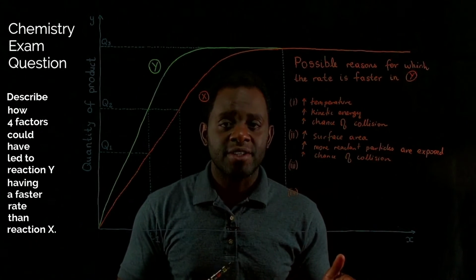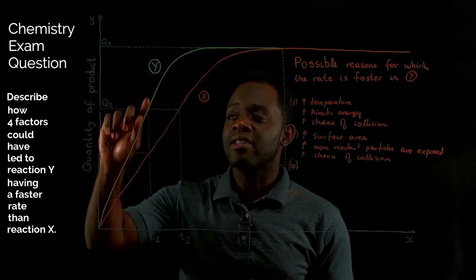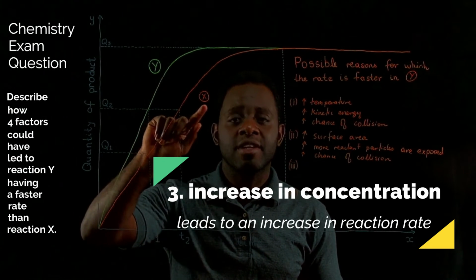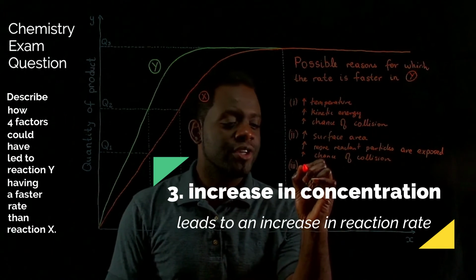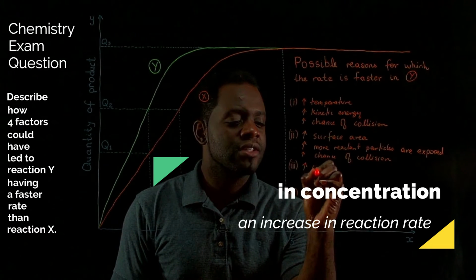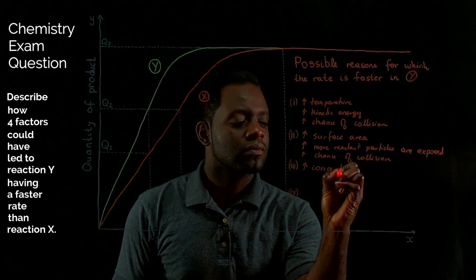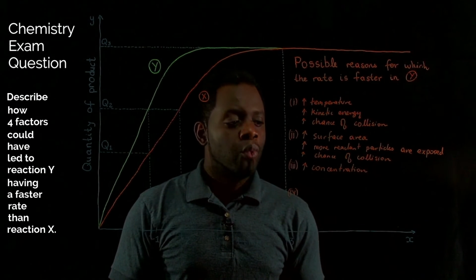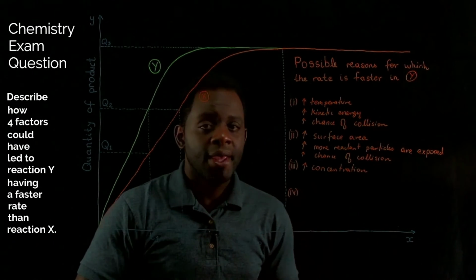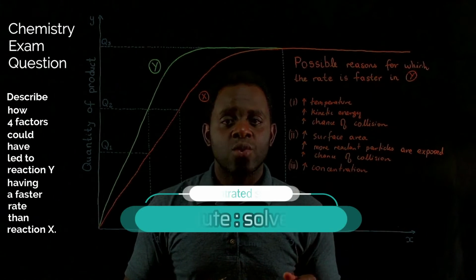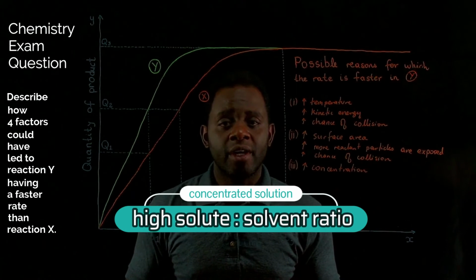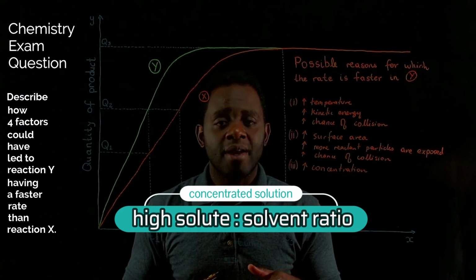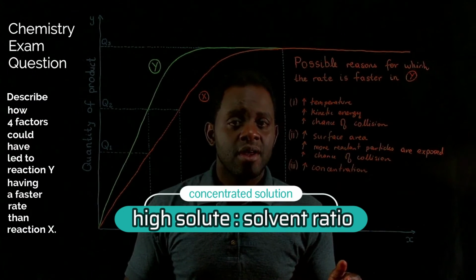The third factor that could have caused the rate of reaction for reaction Y to be higher than that of reaction X is concentration. So a higher concentration would be a factor if one of the reactants were a solution where there is a high ratio of solute particles to solvent particles.